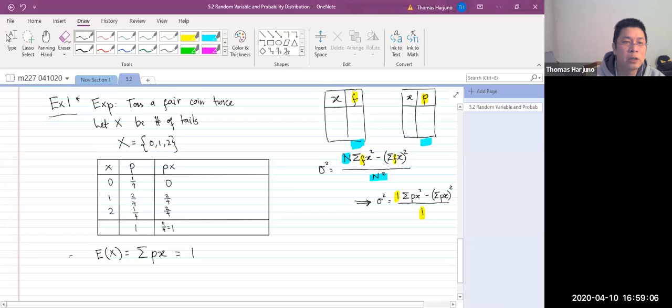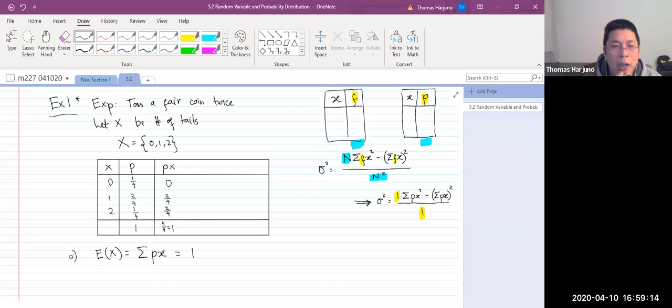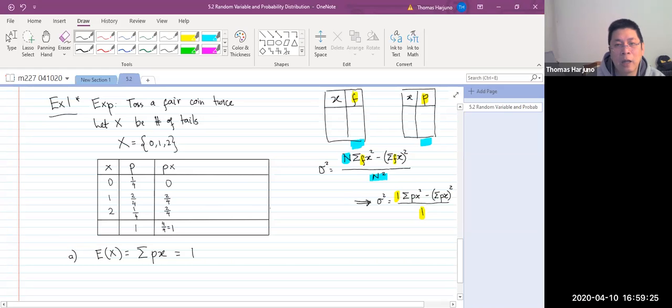In other words, if I do this experiment many times, toss a fair coin twice, but I do this many times, then on average, I will get one tail. Sometimes I toss it twice and get 0 tails, another time I get 1 tail, another time 1 tail, another time 0 tails, then 2 tails, then 1 tail, and so on and so forth.